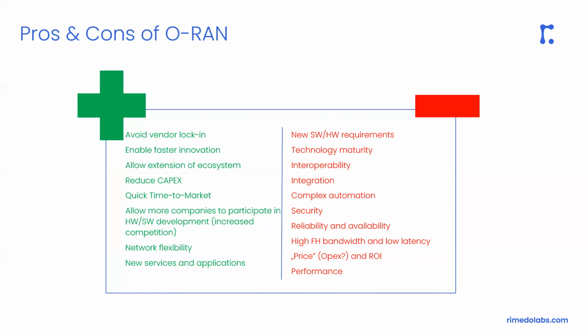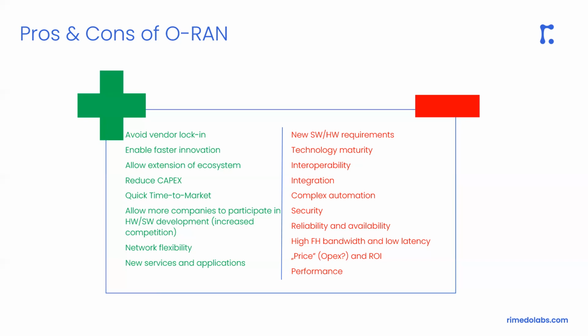Quick time to market, because you don't have to have the next full release of the software, but by using microservice-based implementations and containerized solutions and software pieces, you could work only on individual elements. Network flexibility, because by having those virtualized and using commercial off-the-shelf hardware, you could put them in different places.